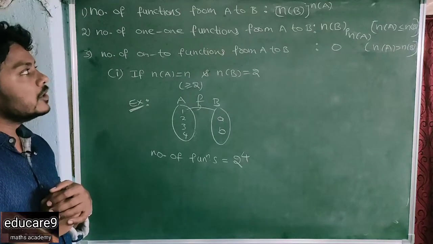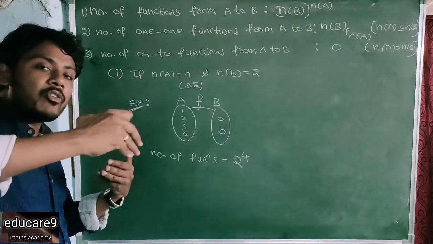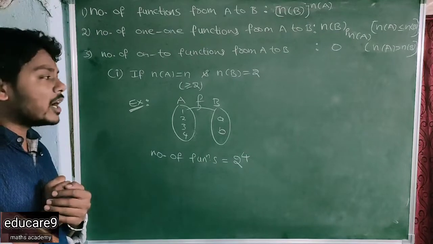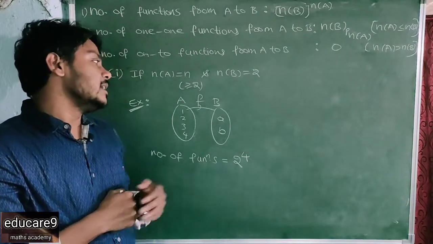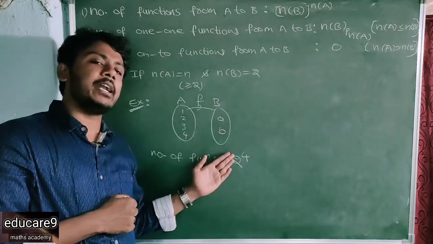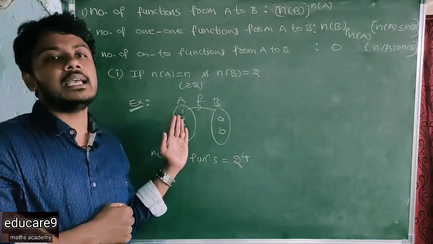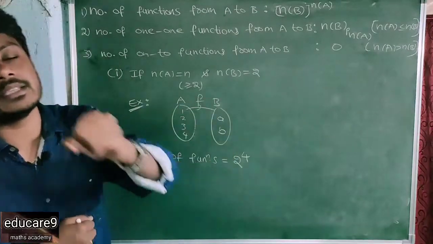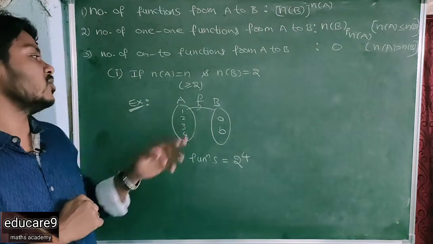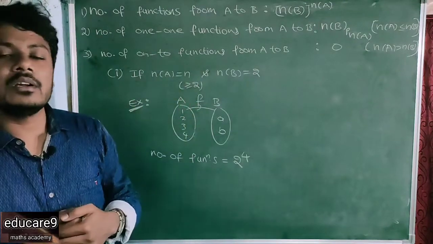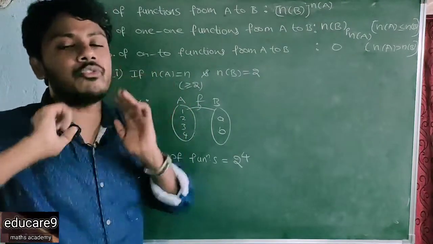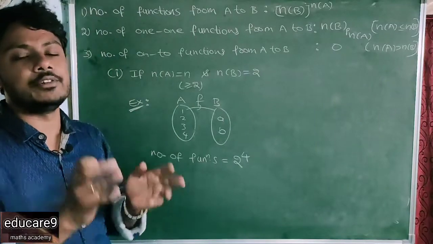Now here you find the number of onto functions. Onto functions means each and every element in B has at least one preimage in A. In that case only, F is onto; otherwise F is an into function. Not onto means into function.